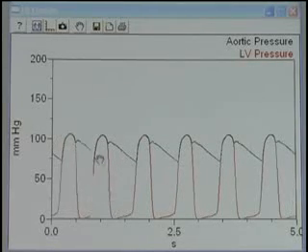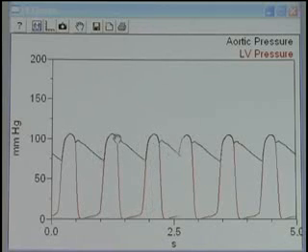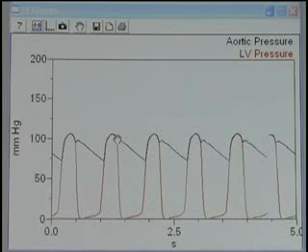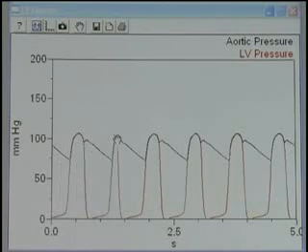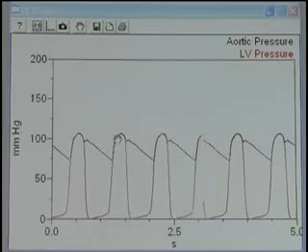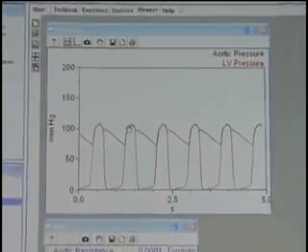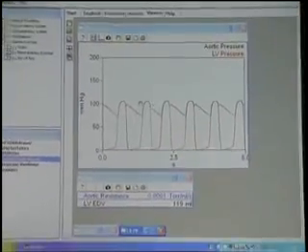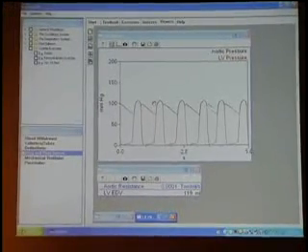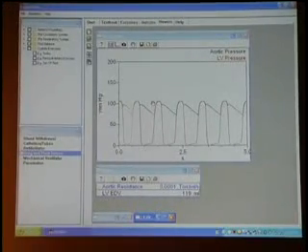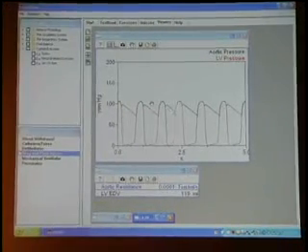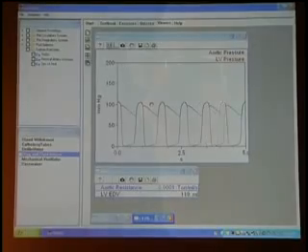And you'll notice that there's a period of time when those two pressures are the same. Now, talking about why those are the same is a very valuable lesson, because it's at only one point in the pumping cycle of the heart when those two pressures are the same. And that's when the valve in between the left ventricle and the aorta is open.